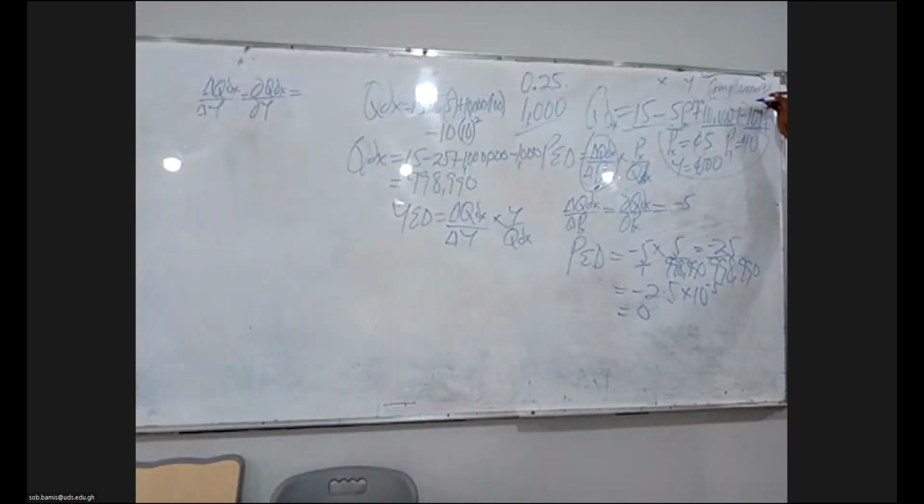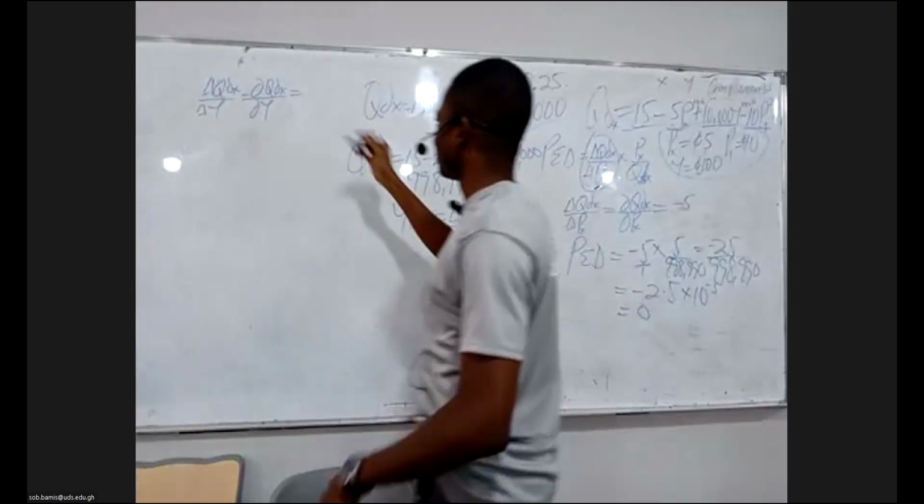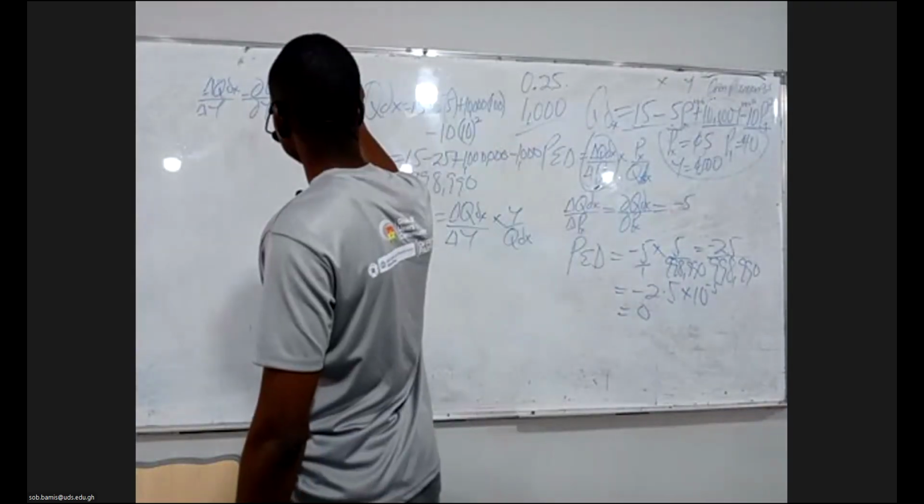We take the power of the Y, which is 1, multiply by positive 10,000, and subtract 1 from the power of Y, 1. And that gives us 0. Then we are left with Y to the power 0. Any number to the power 0 is 1. 1 times positive 10,000 will give us positive 10,000. Okay, so we have 10,000.